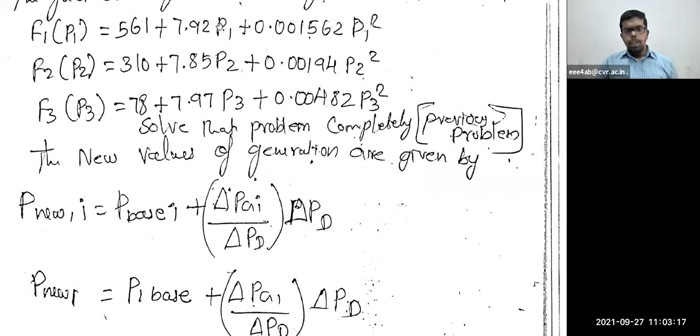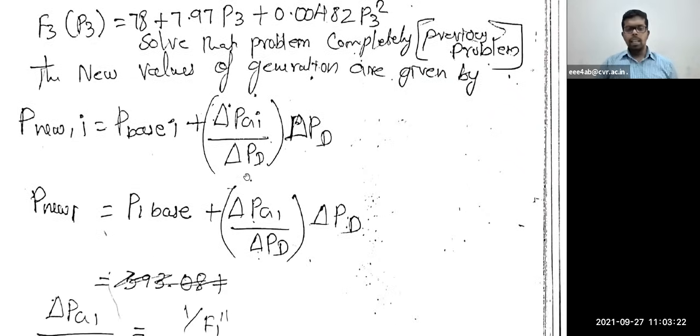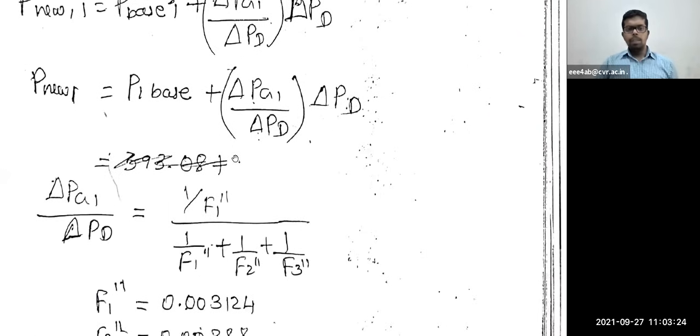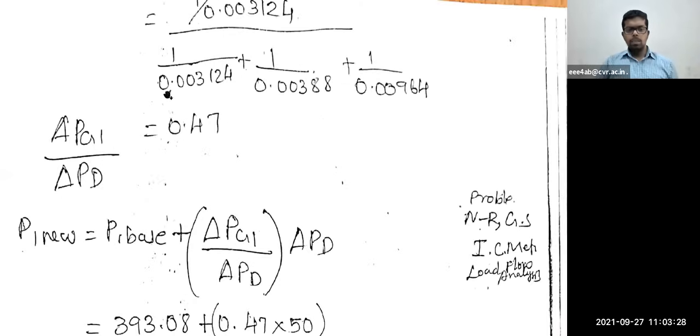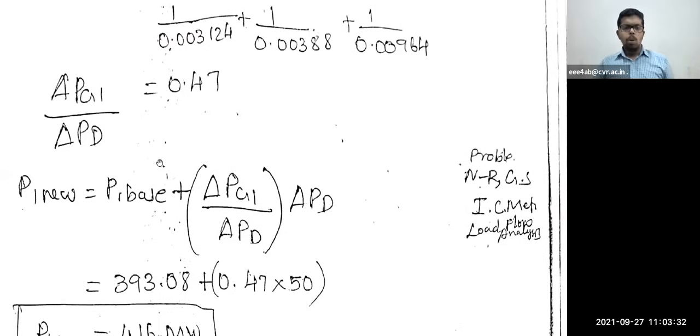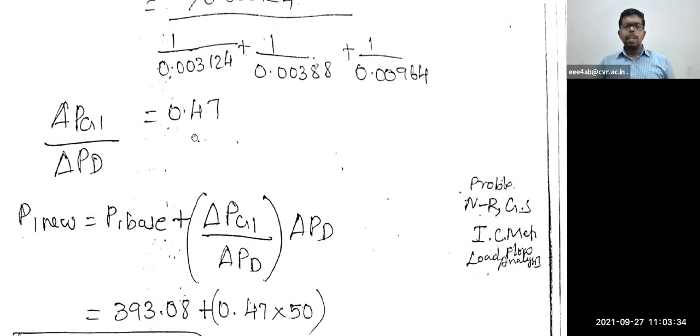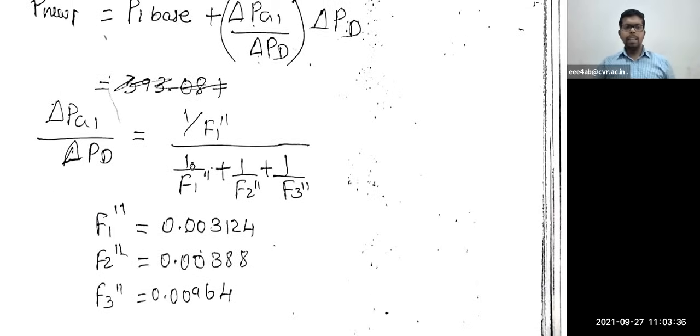Then you need to substitute that value, that is P1 is equal to 393.08 something, the value you got. The same megawatt you need to substitute here for Fi double dash.